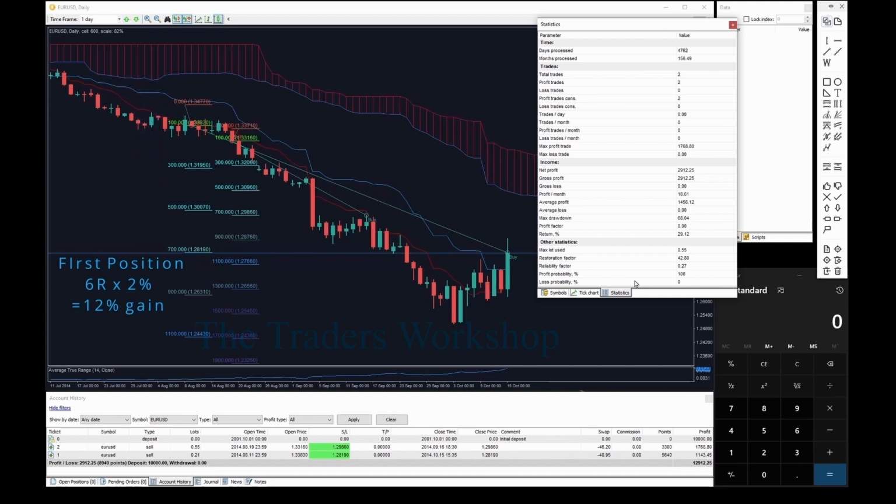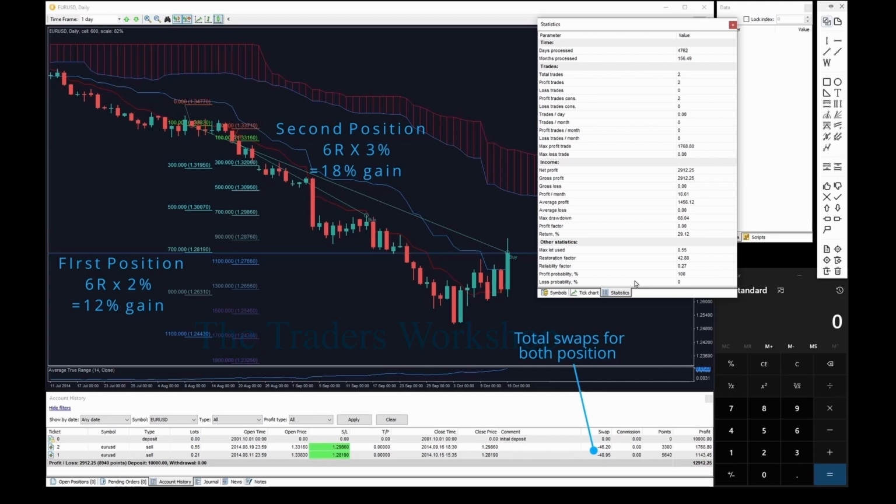Now, for the added position. The added position was taken out here. We made 2R here, 2R here, and another 2R here, for a total of 6R, multiplied by 3%, giving us a total gain of 18% for the added position.